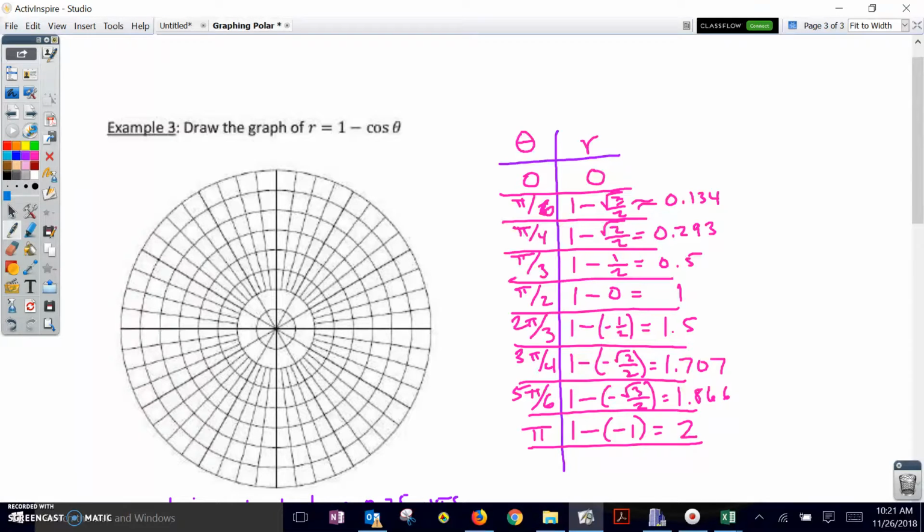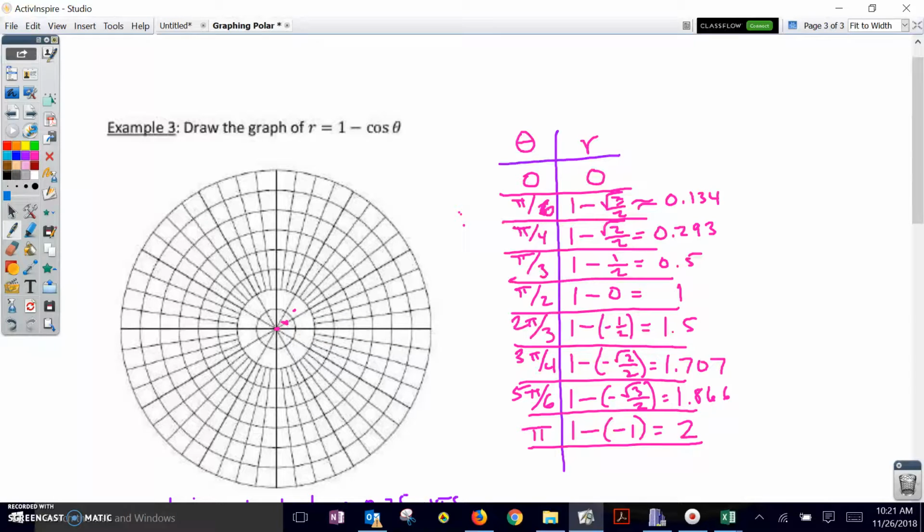And so I'm going to plot these points. An angle where theta is 0 with a radius of 0 puts us right at the pole. At pi over 6, it's 0.134, so that's a little bit more than halfway to that first spindle. At pi over 4, it's 0.293, so that's going to be up in there somewhere.